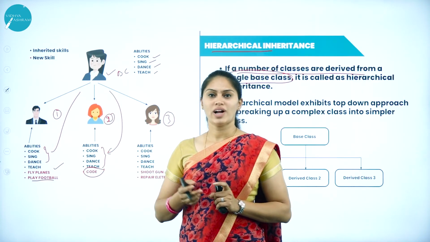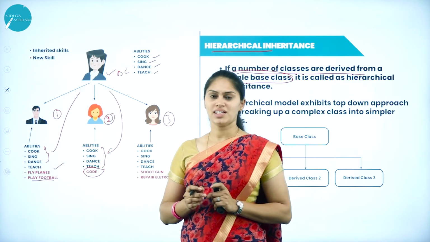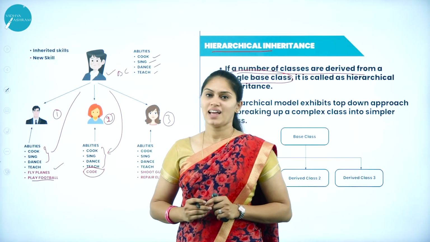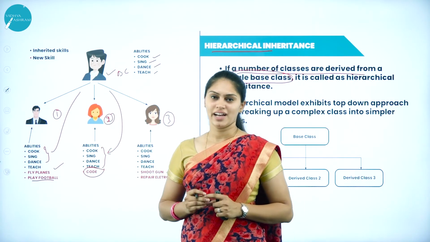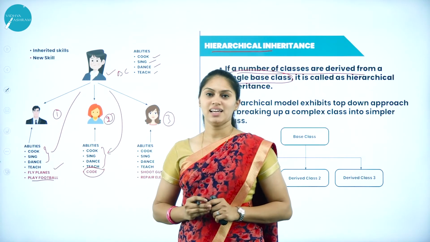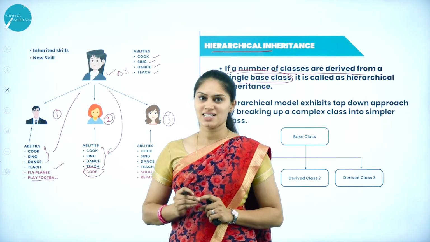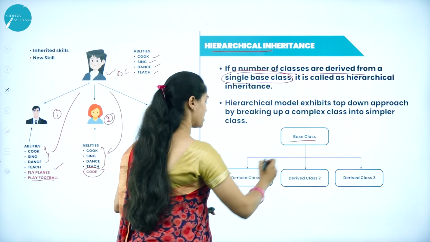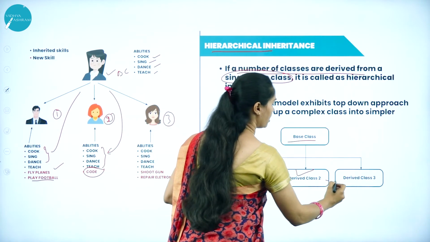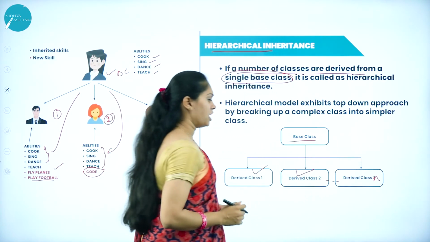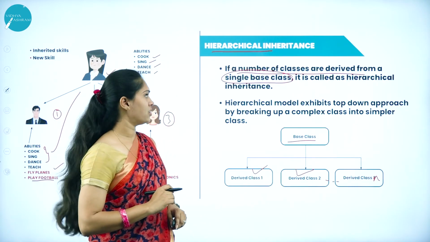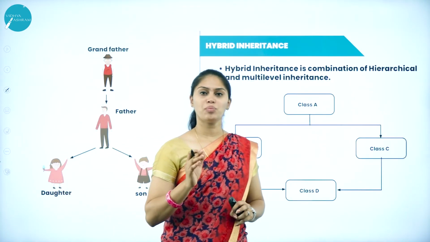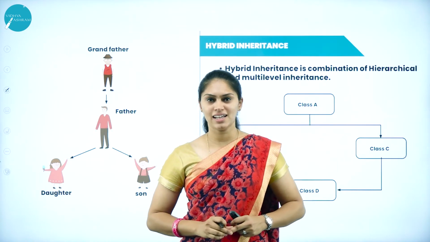If more than one derived class is acquiring the features from the same base class, then I can call that kind of inheritance a hierarchical inheritance. It will be like a tree structure. That you have to remember here. Here I have only one base class and you can create n number of derived classes. I hope you understood hierarchical inheritance.